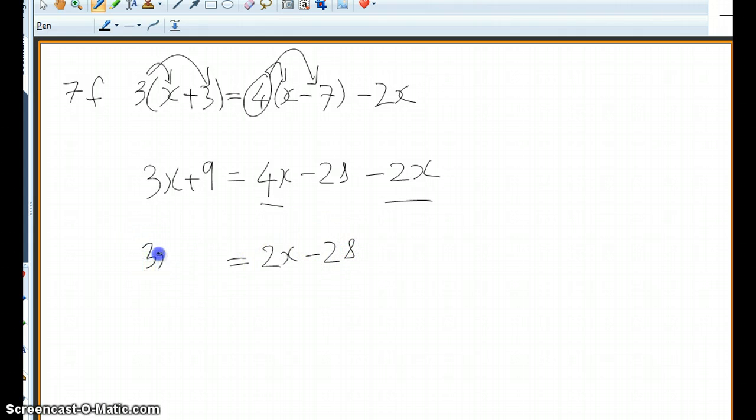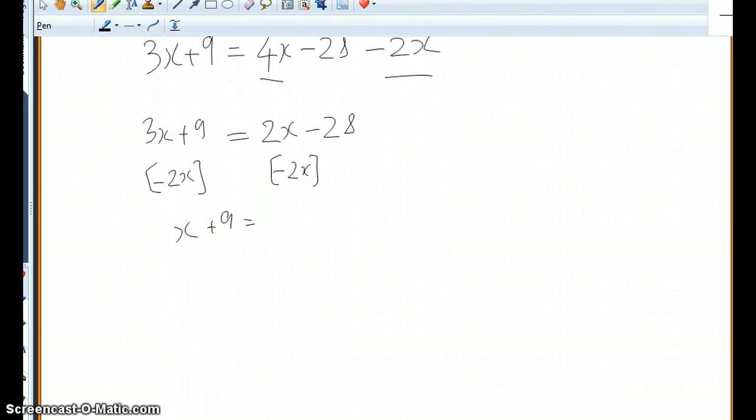Great. I'm going to now take 2 x's from both sides to get the x's by themselves. 3 minus 2, just x. No x's on the left because those cancel. So it's just minus 28. Don't forget the minus.